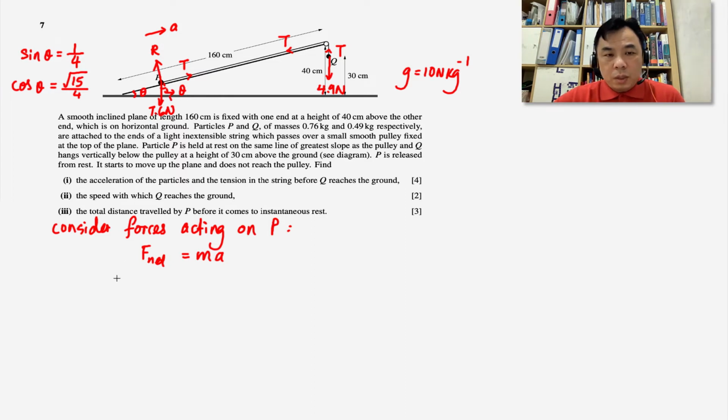Therefore, we will say that the resultant force acting on particle P is T minus 7.6 sine theta equals the mass of particle P, in this case 0.76, times acceleration. And we do know sine theta is a quarter here.